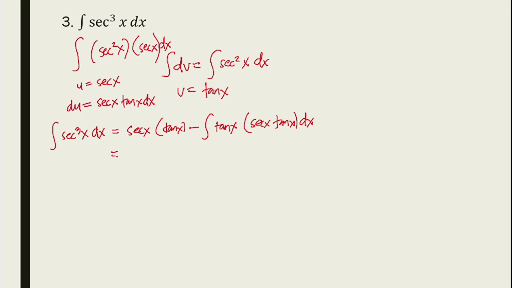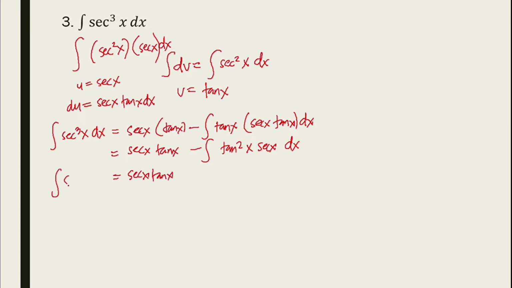Next we have sec x tan x minus the integral of tan squared x secant x dx. Now we can simplify further.